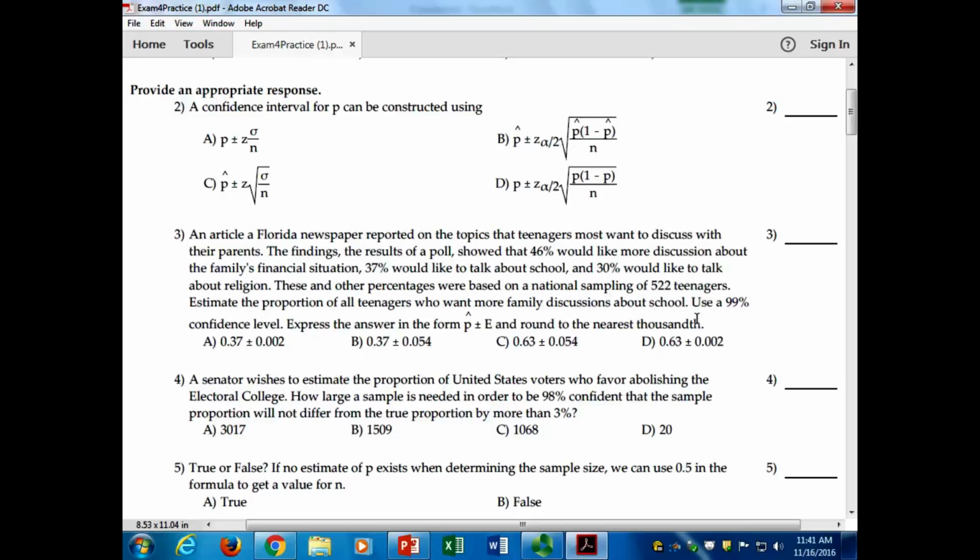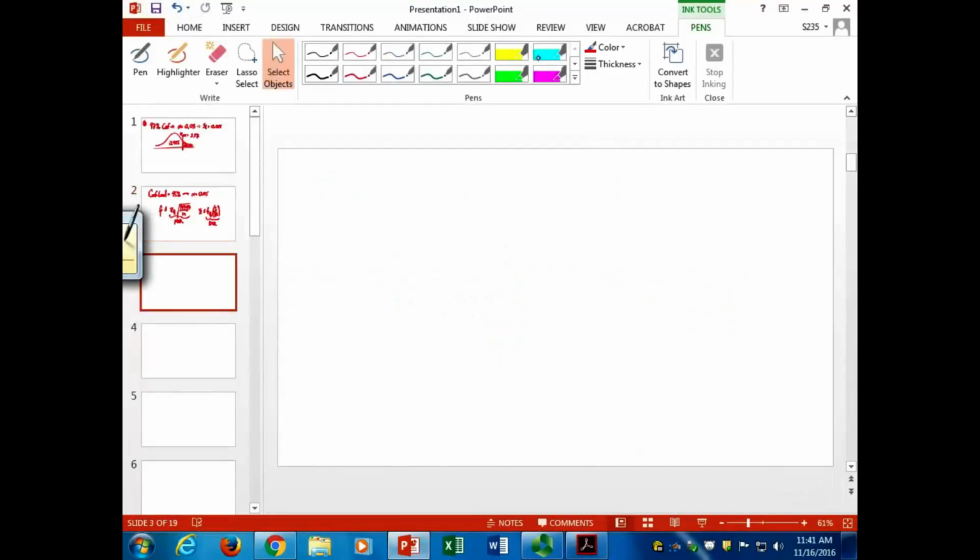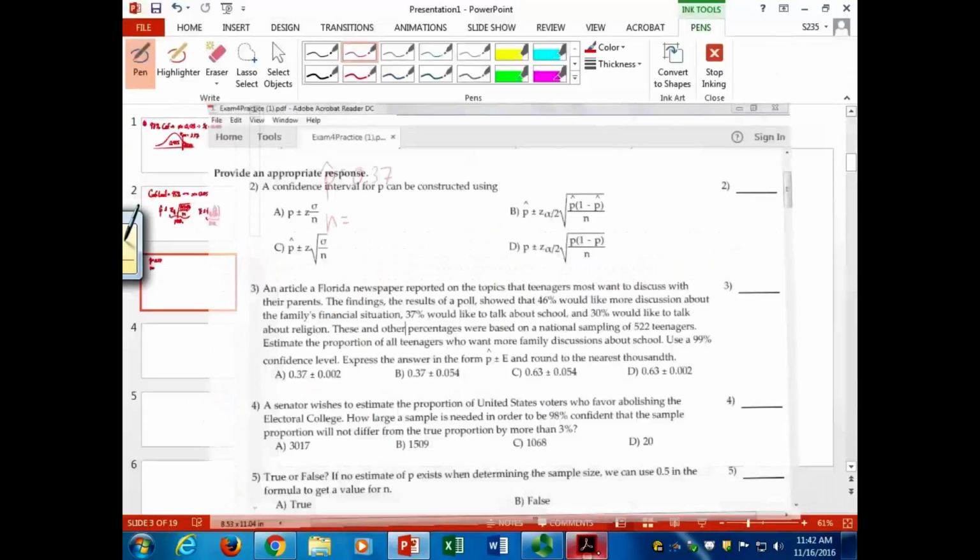Use 99% confidence level. Some of these percentages are completely irrelevant. All that really matters is that 37% want to talk about school. So we're going to do a confidence interval with p hat of 37% and a sample size of 522 teenagers.